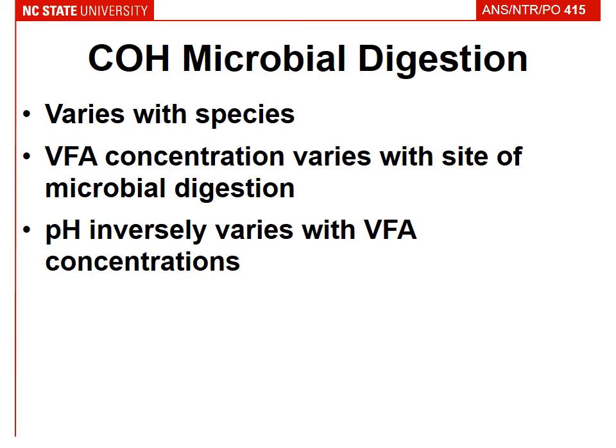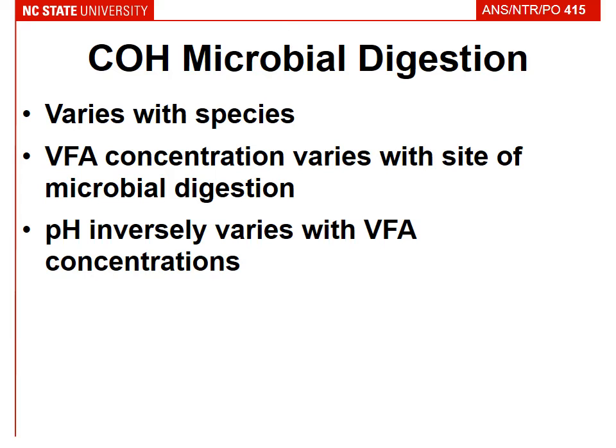So our microbial digestion of carbohydrates varies with the species of animal. In addition, it varies with the species of microbe within the GI tract. You could have two different horses and they're going to have different microbes found within their GI tract.